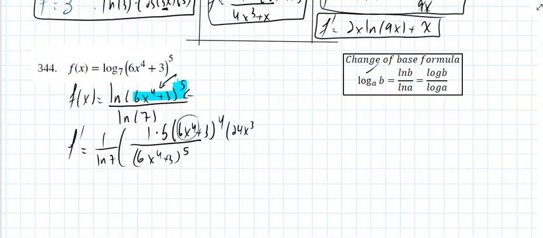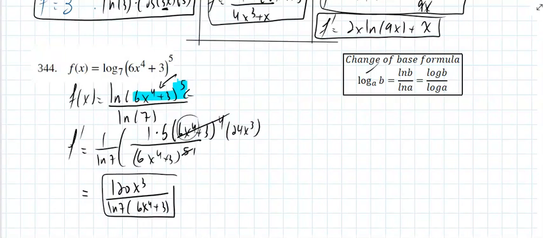Now you notice a lot of cancellation there, meaning I can cancel those 4 with one of those, and I could say that is 5 times 24, 120x cubed divided by natural log of 7 times 6x to the 4th plus 3. Now I want to show you how useful logs could be.